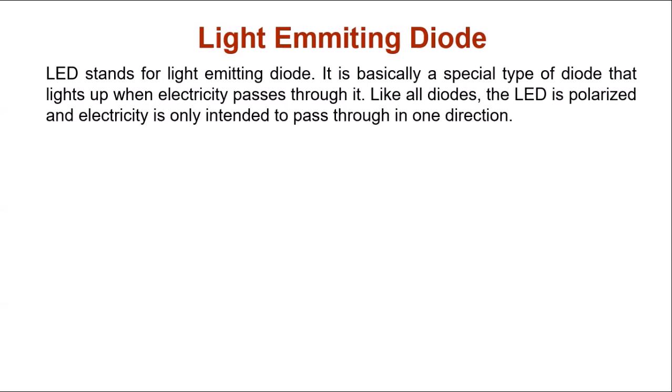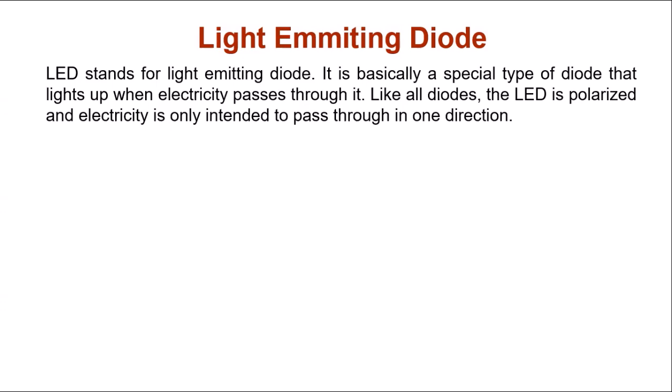LED is basically a light emitting diode. It is also a diode. Diode we have seen previously, the PN junction diode. Then in the transistor we studied P-type, N-type. Now here again, a diode. So LED is a light emitting diode.